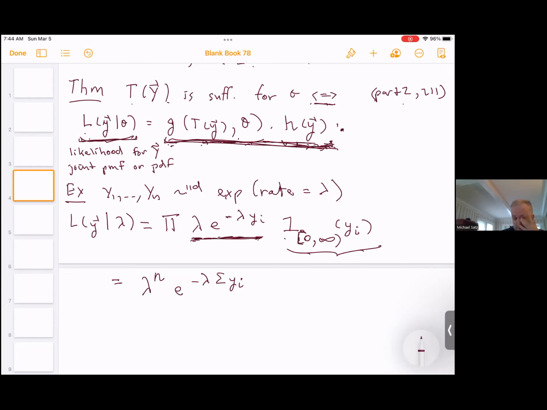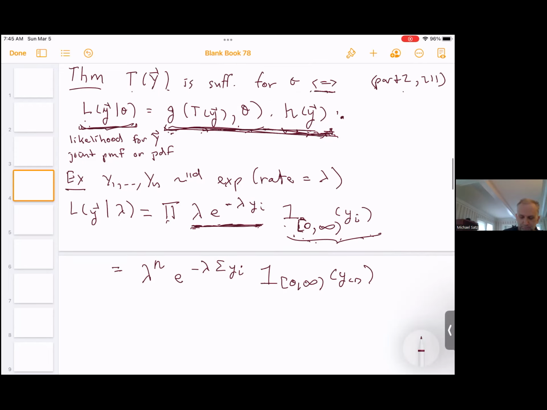One thing is I could also simplify this by replacing the product with the minimum here, because if the minimum is in this set, then all the terms are in this set. It's a little cleaner. So let's write it like this: 1, and we'll put the order statistic notation that we have here.